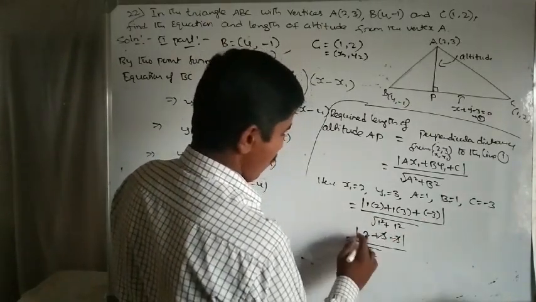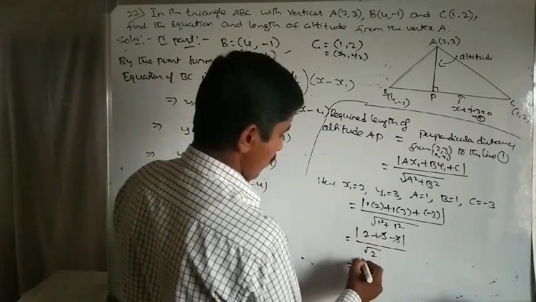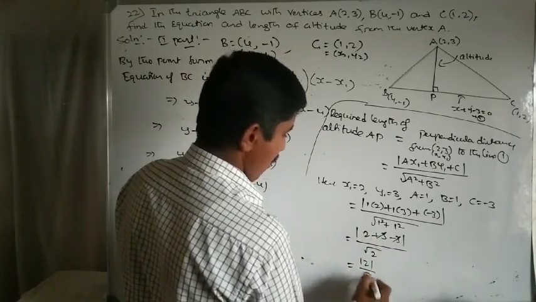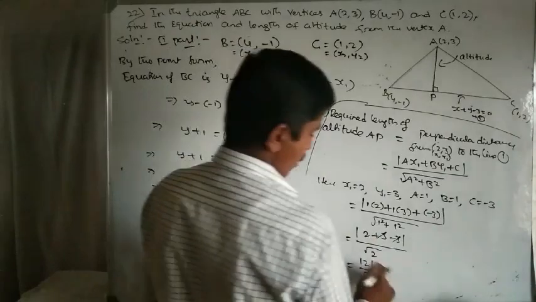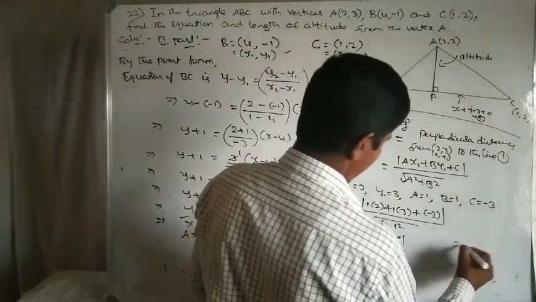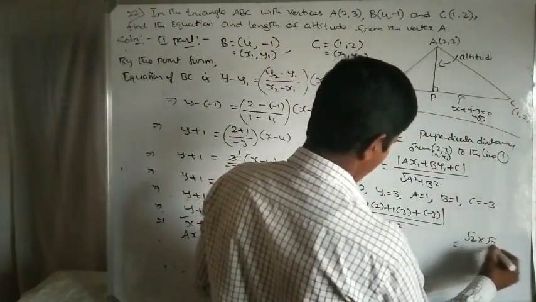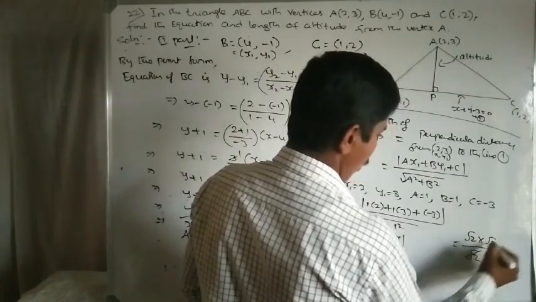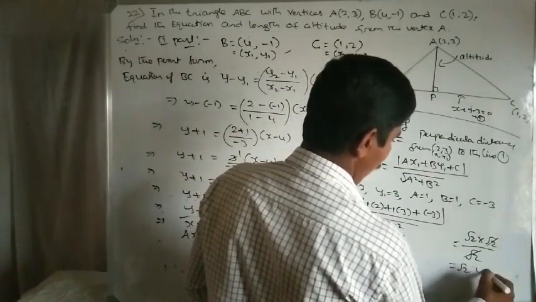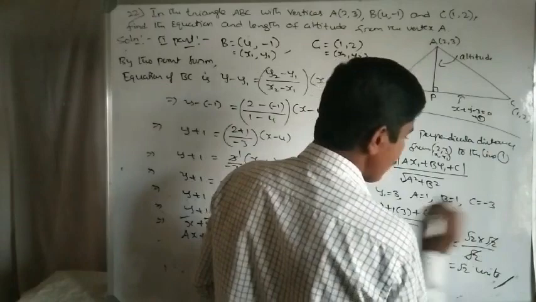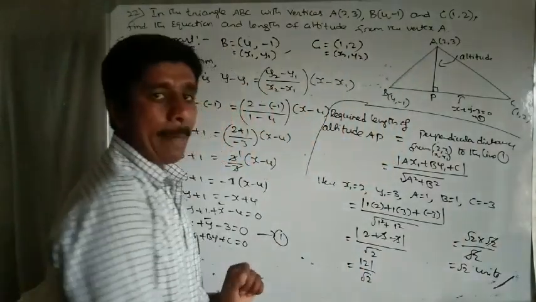We get modulus of 2 by root 2. The 2 can be written as root 2 into root 2 divided by root 2. Root 2 root 2 gets cancelled. Root 2 units. The required distance is root 2 units.